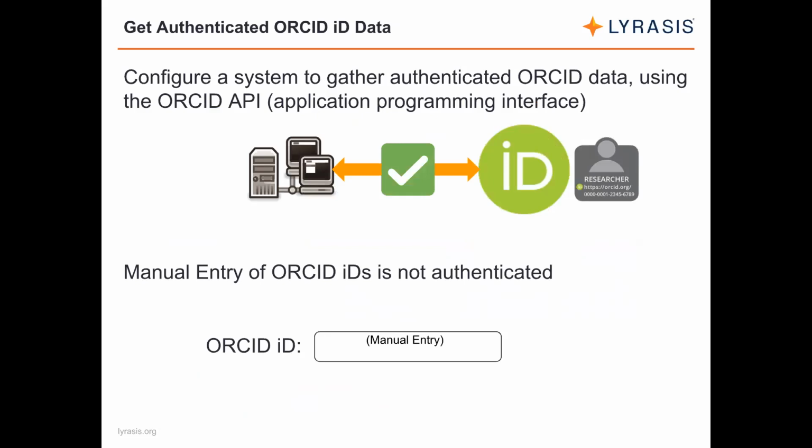The number might be incorrect or have a typo, and manual entry of ORCID IDs does not allow for transfer of ORCID data from one system to another. Manual entry only captures the ID number, which may not even be accurate. So it is recommended that systems avoid using a manual entry field to get that ORCID ID info.